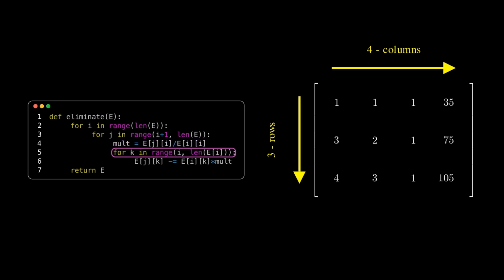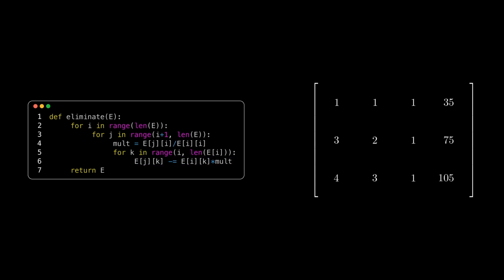The k loop ranges from i to the length of the ith row in the matrix E. Length of the row refers to the number of elements in a row, which corresponds to the number of columns in the matrix, which is equal to 4. Together, these loops systematically reduce the matrix to a simpler form by eliminating elements from subsequent rows following the elimination process. These are the indices for the rows and the columns. We will be using them to address the elements of the matrix.